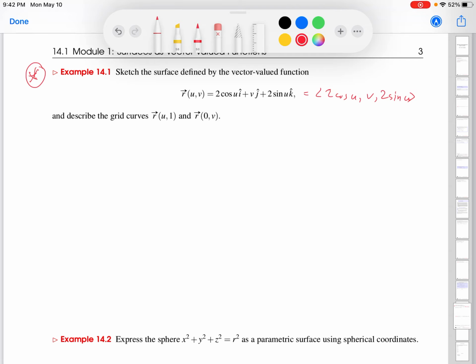This is x, this is y, and this is z. So in other words, I have x equals 2 cosine u, y equals v, and z equals 2 sine u.